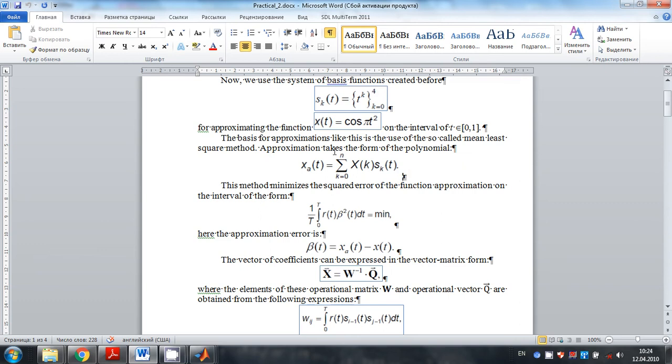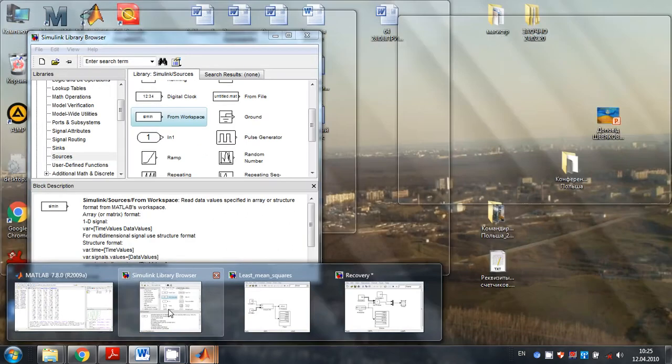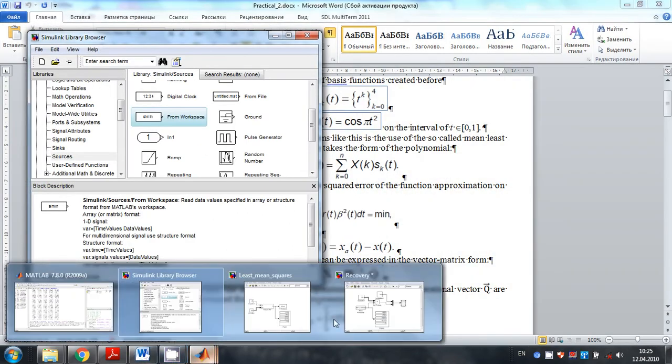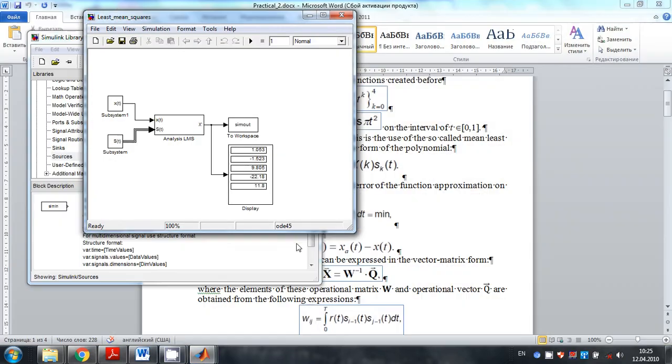Let's switch to Matlab and let's see. But first we start the simulation of this decomposition again and take a look at what we've got here. So we've got the decomposition coefficients, which are illustrated here. They've been stored in the working space, Matlab's workspace. We can check them out.